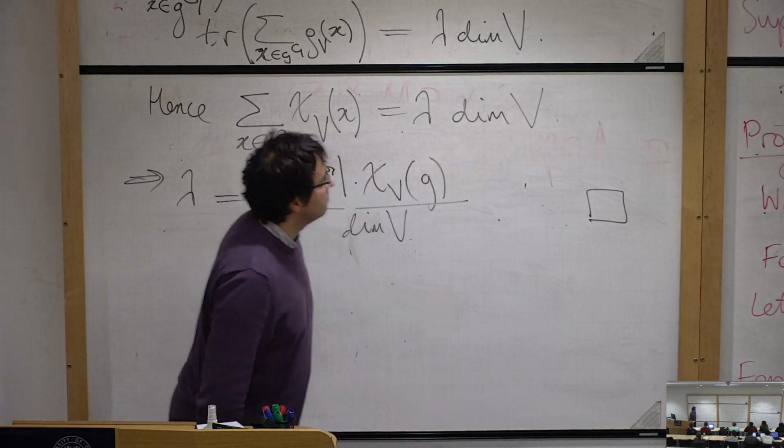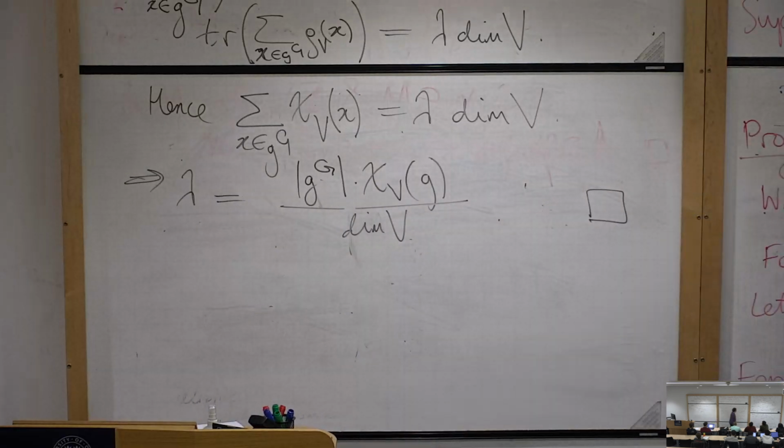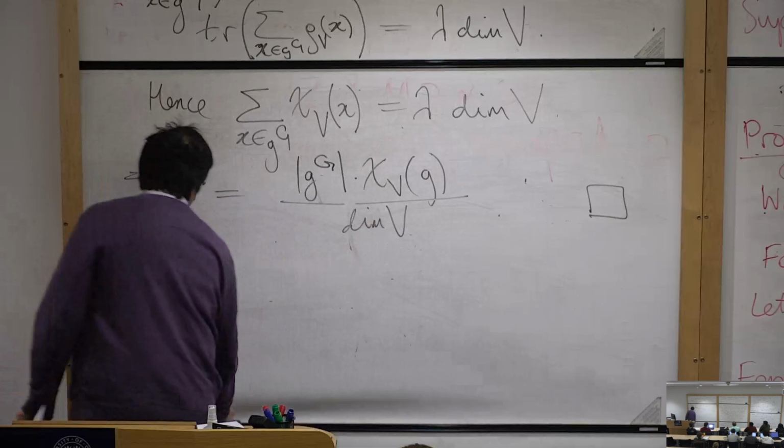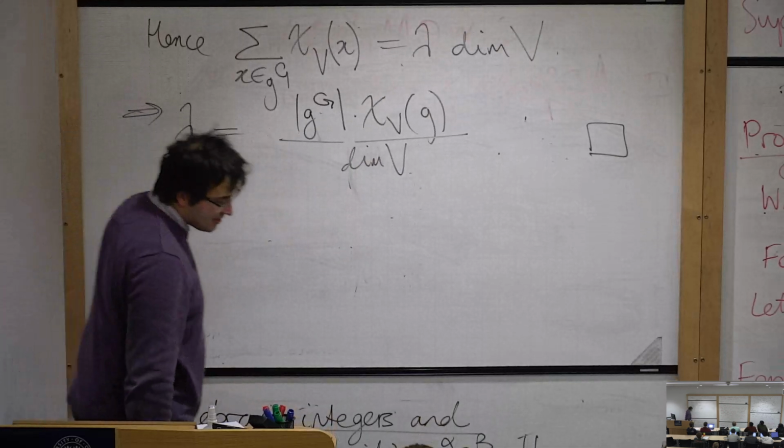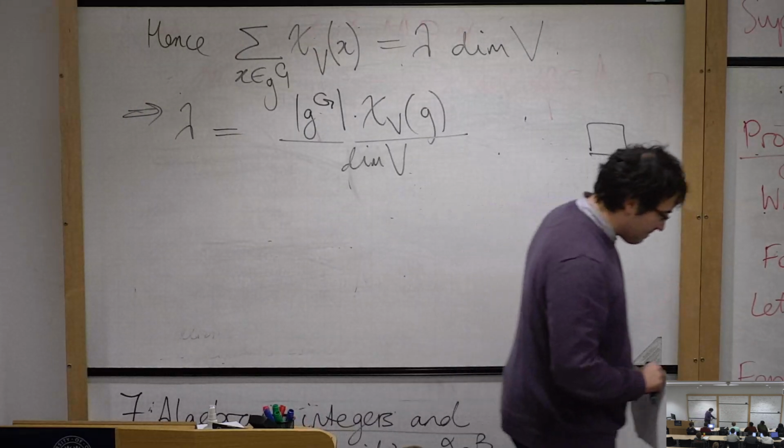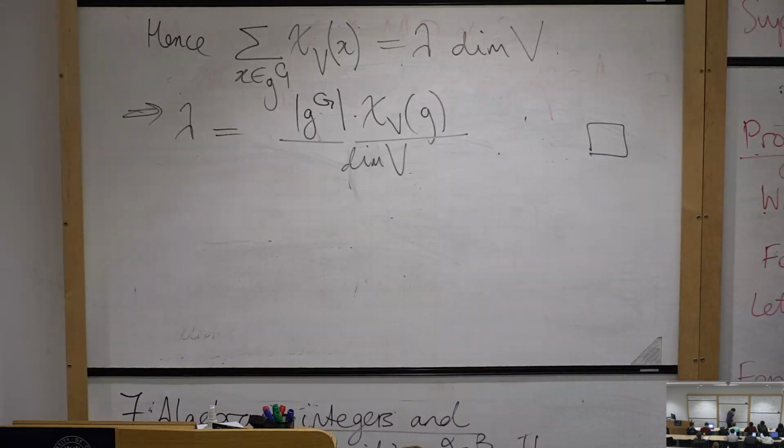But why does that help? I don't care that this thing has a nice representation theoretic meaning, that it's the value of a central character. I want it to be an algebraic integer. Why is it an algebraic integer? The reason is that conjugacy class sums multiply very nicely inside the complex group ring.